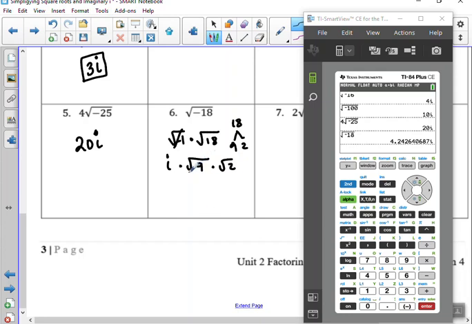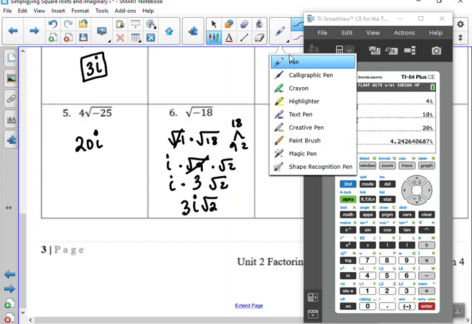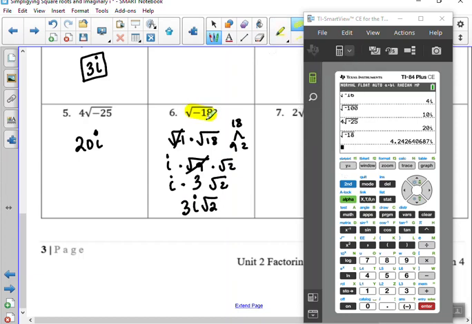What is square root of 9? 3. So you have 3, you have the I, and you have the square root of 2. I can't simplify this anymore. So now I'm just going to write it in a neat way: 3I square root of 2. These are my answers.